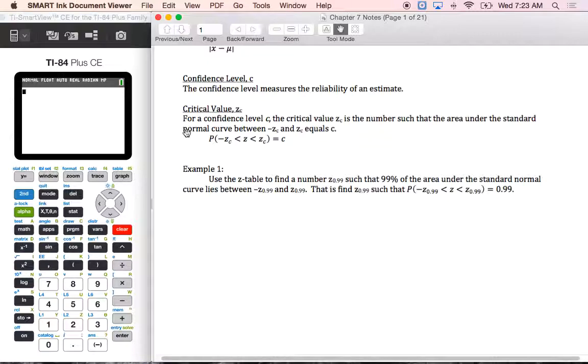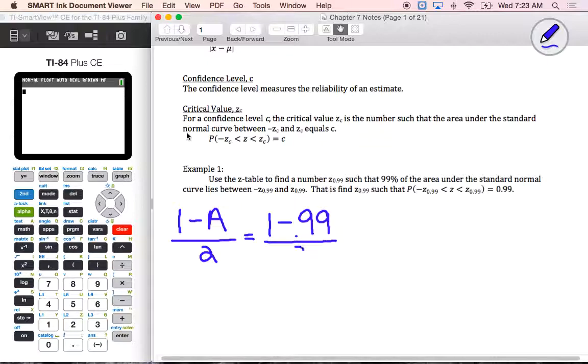Remember, back in Chapter 6, if we want to figure out our Z value, they're giving us the area inside of our graph first. So we have that nice little formula, 1 minus A all over 2. So 1 minus our area, 0.99.